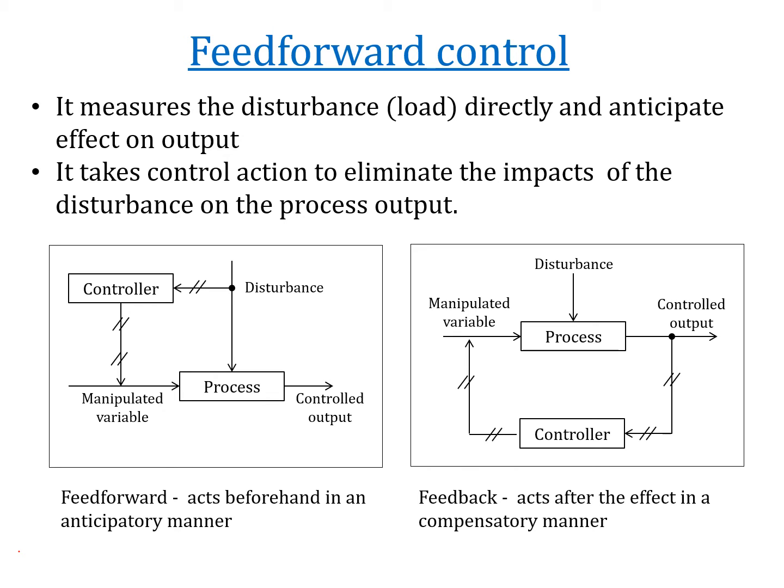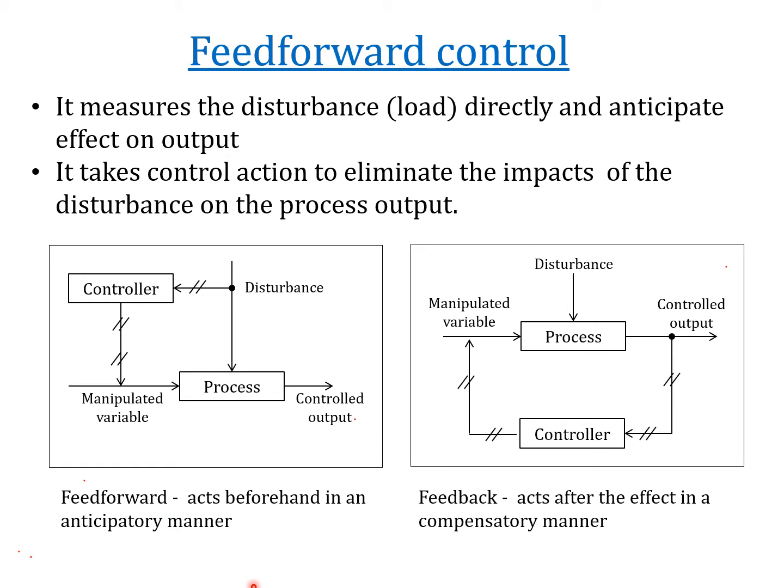So it takes control action to eliminate the impact of the disturbance on the process output. It acts on the disturbance and eliminates its impact on the process output before it acts on the system. So feedforward acts beforehand, in an anticipatory manner.